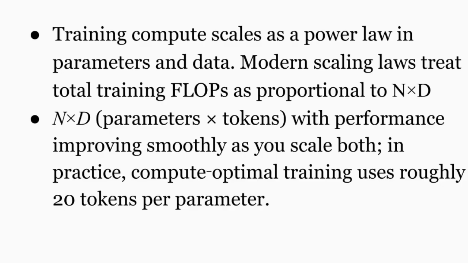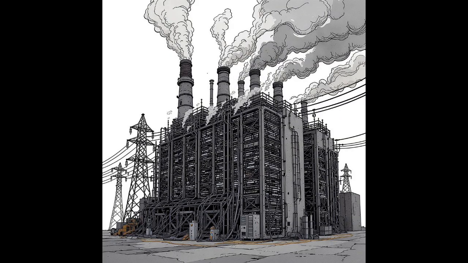So when you increase your parameters by 10, you also grow the tokens, which makes total training growth like so. AI companies don't want their training to take years.